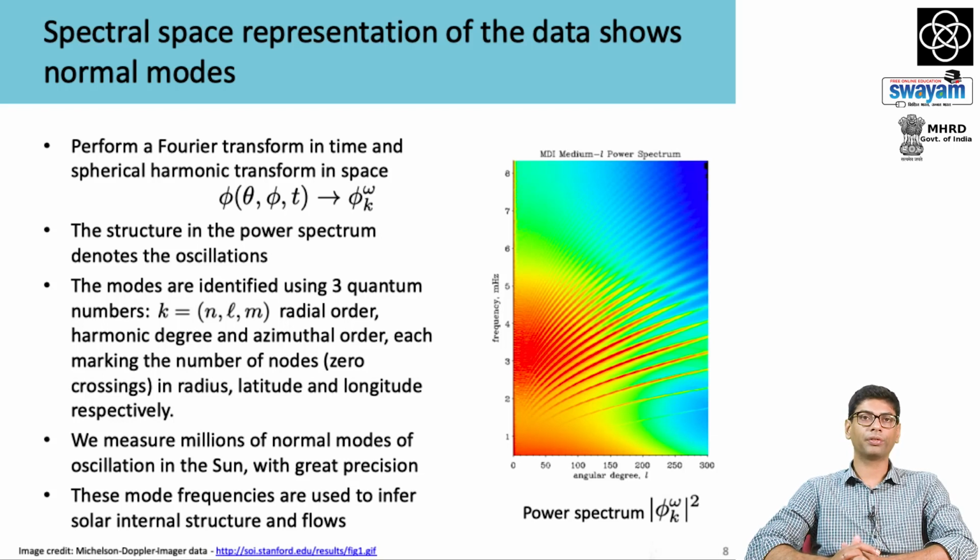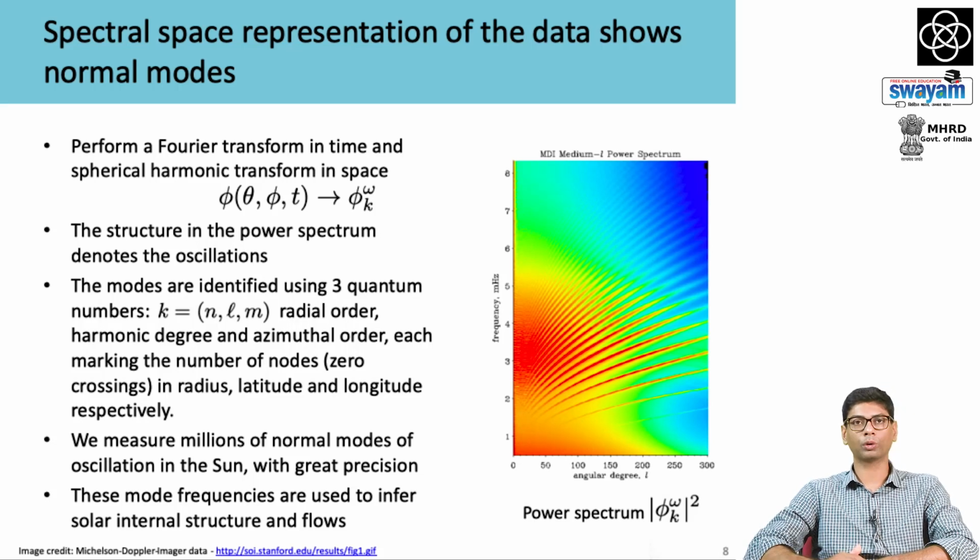If you have a mode, then it has an eigenfunction, and eigenfunctions have nodes. You can think of a sine wave, for instance: every time it crosses zero, it's a node. So every zero crossing as a function of radius is denoted using the radial quantum number n.